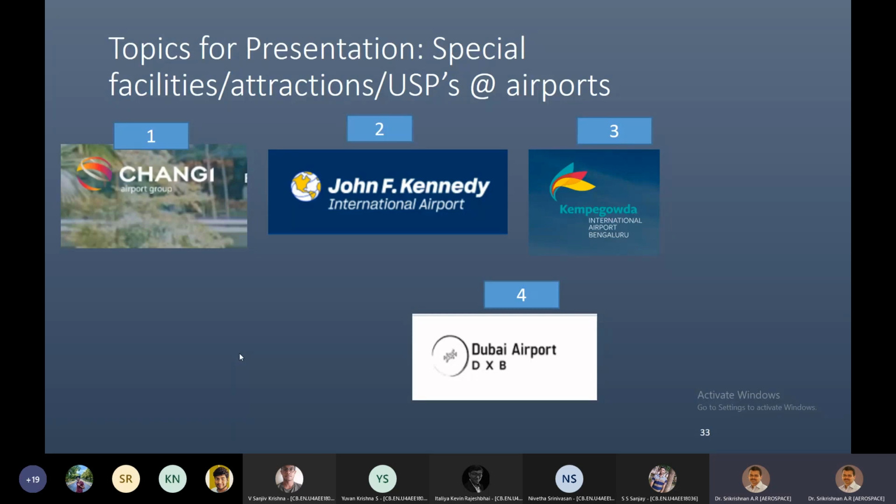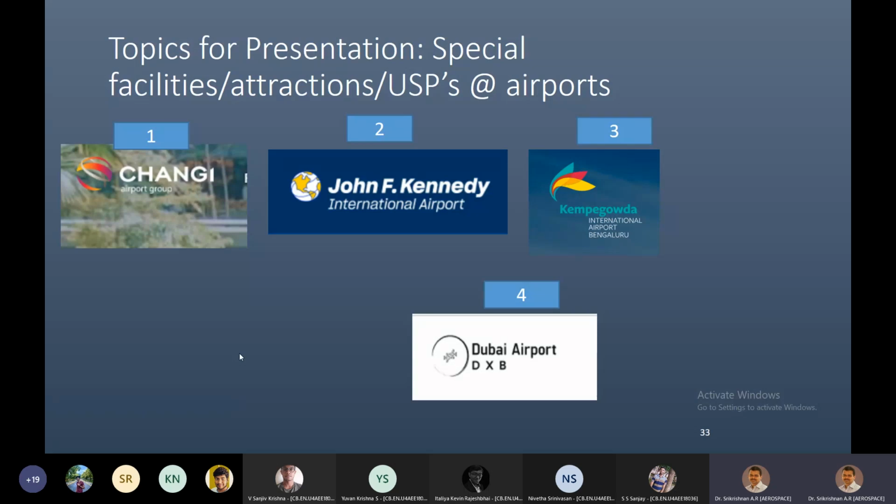And then our own Kempegowda Airport in Bangalore, renewed in the recent years, actually more than a decade now, I think, since they started operation in the new building. It has been a major expansion for the Bangalore airport. So it's fairly attractive and fairly large, at least from the Indian context.